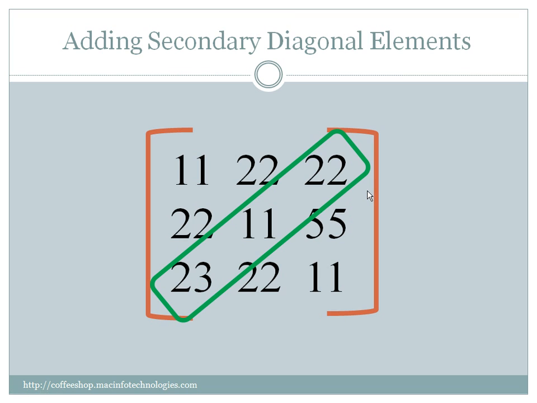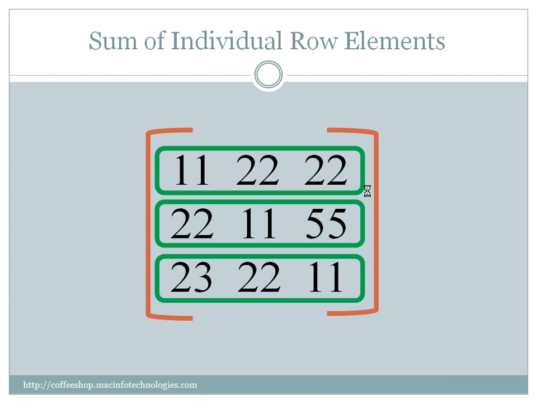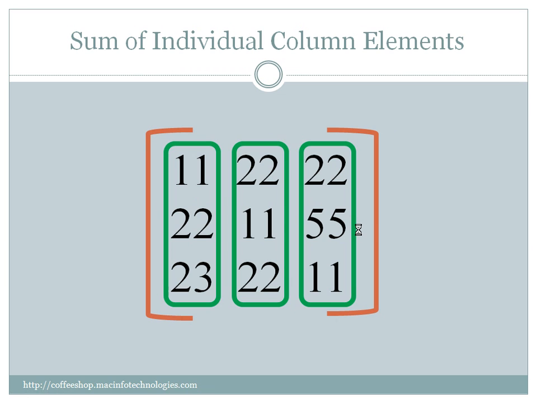We will see how this can be done in a program in a few minutes. In example 4, we want to add individual row elements and give output for each row. We will see how this can be done, and in the last example, we will see adding individual column elements and giving 3 different column totals, that is the sum of each individual column.